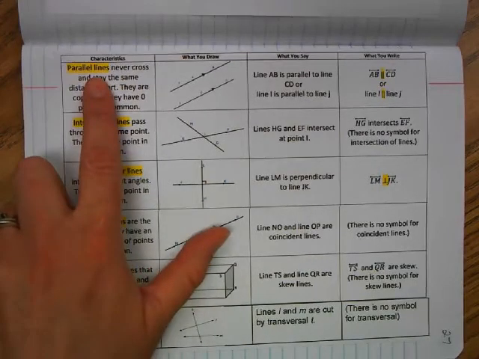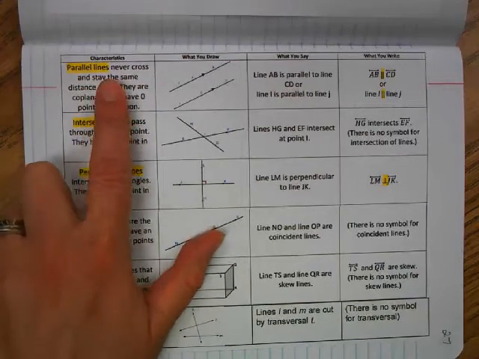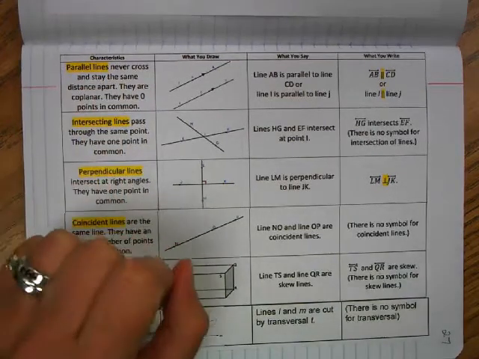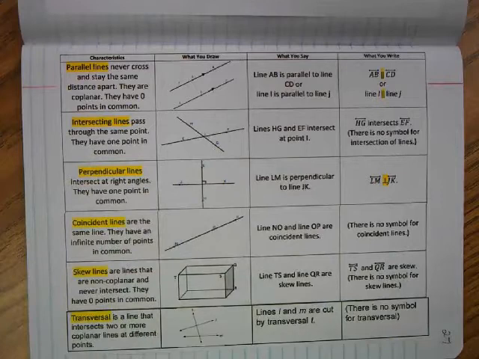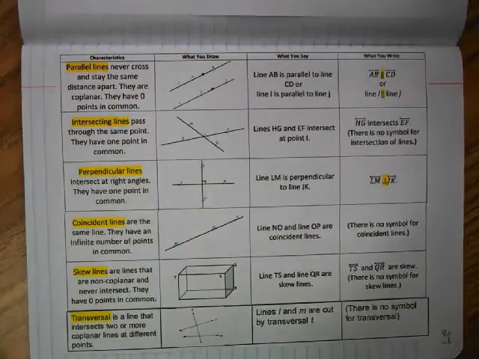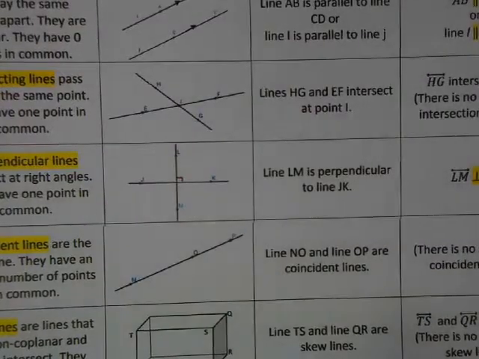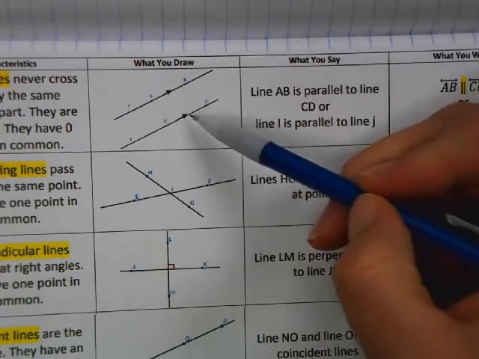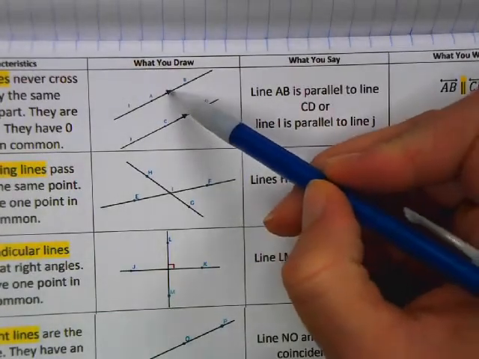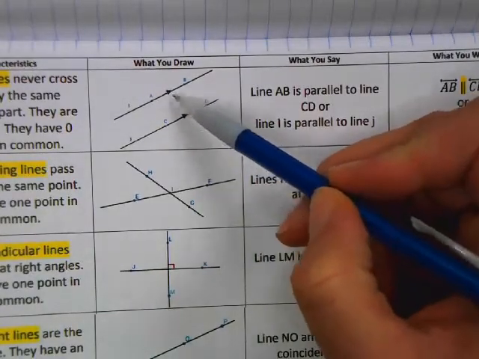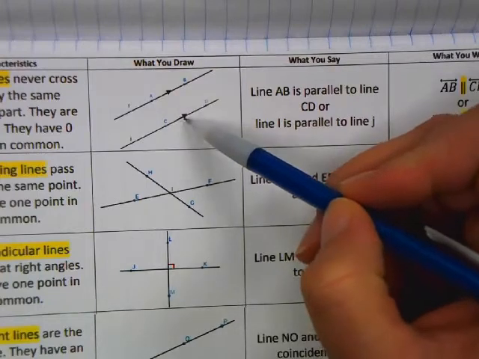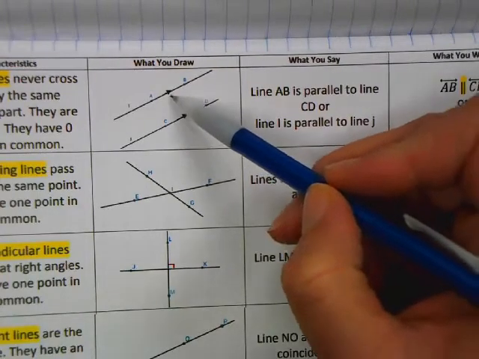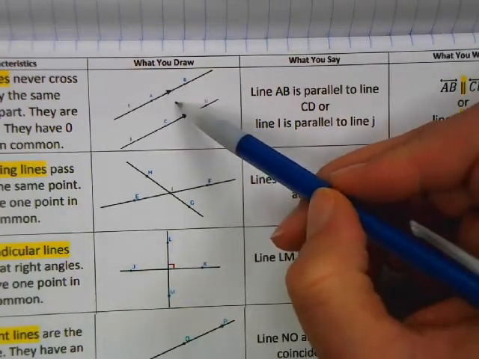So starting out with parallel lines, remember parallel lines do not intersect. They are coplanar, but they do not intersect. And then zooming in a little bit closer, you're now going to see the parallel symbol in diagrams. So in order to show that 2 lines are parallel in a diagram, you're going to see these little arrows that are on each line.